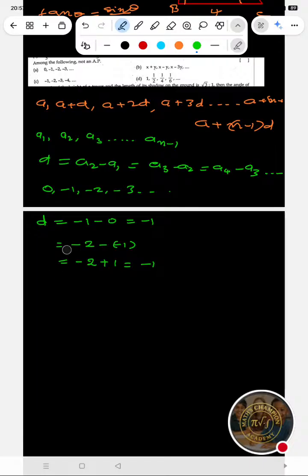The difference is the same. If we take one more term, minus 3 minus minus 2, that is minus 3 plus 2, which is equal to minus 1. So the difference is fixed, and all terms give the same difference. Difference fixed means it is in AP only. The first option is in AP.